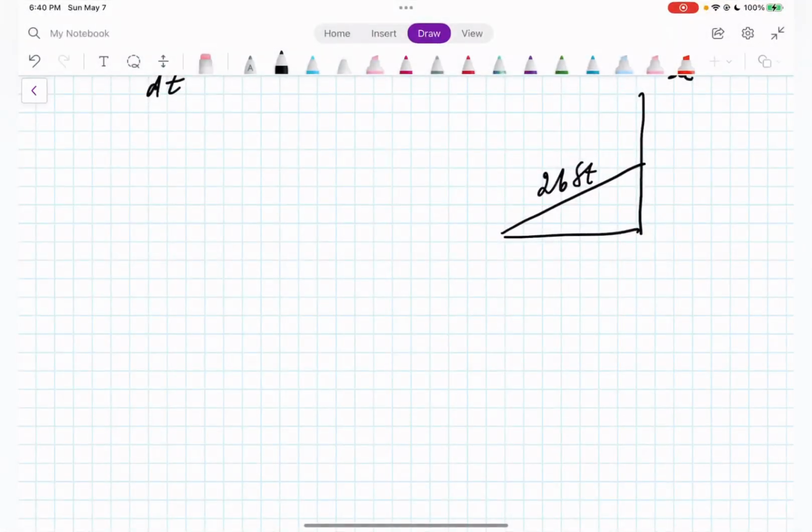Let me write down. L is the pushing away distance. Because it's a rate, we take dl by dt, 2 feet per second.